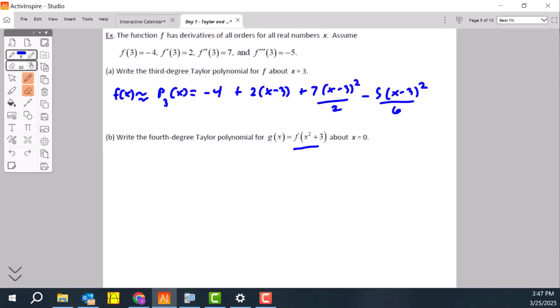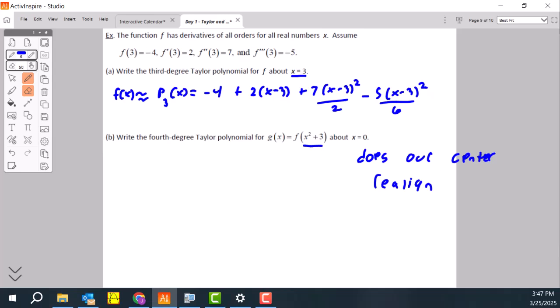Now in a normal problem, you would assume you just plug that in, but we need to check something first. Does our center realign? Now, what do I mean by that? Well, originally our center was at 3, but if we're doing f of x squared plus 3, that shifts the function.